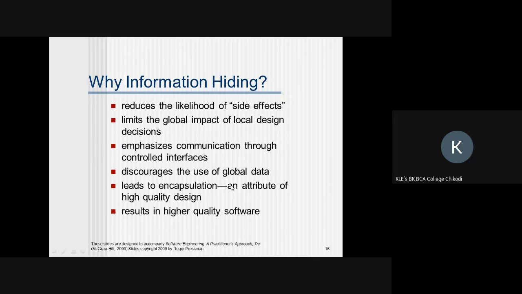That is why encapsulation is required. It is also a way of hiding the information. That is abstraction. It results in higher quality software. Sometimes that is also considered because, if it is for showing high quality results, some of the things are hidden.